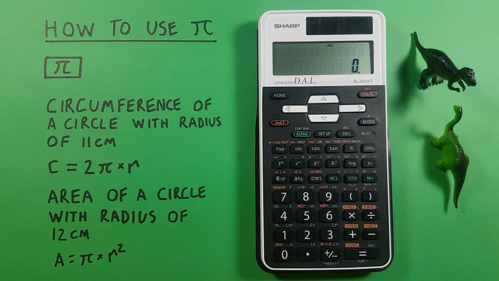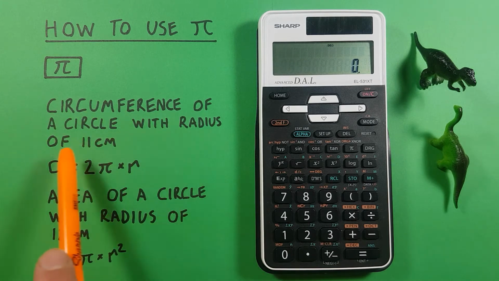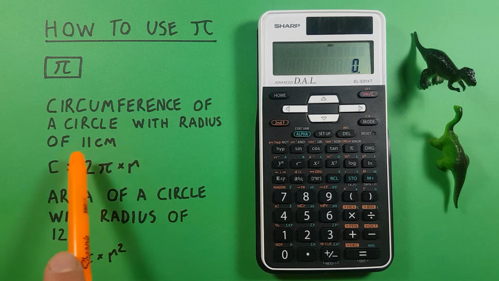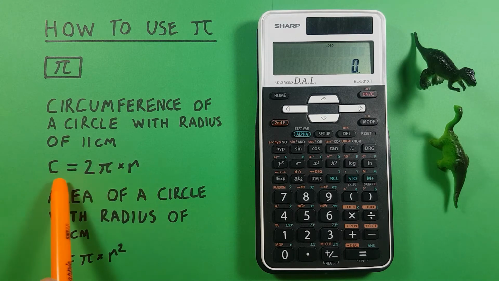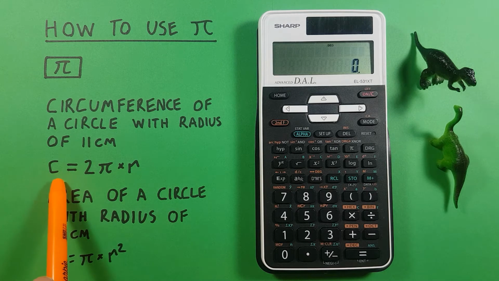The pi key is useful for a lot of calculations, an example of which is working with circles. So for example, if we wanted to calculate the circumference of a circle, like in this question, the circumference of a circle with the radius of 11 centimeters, we could use this formula, c equals 2 pi r, to figure out that circumference.